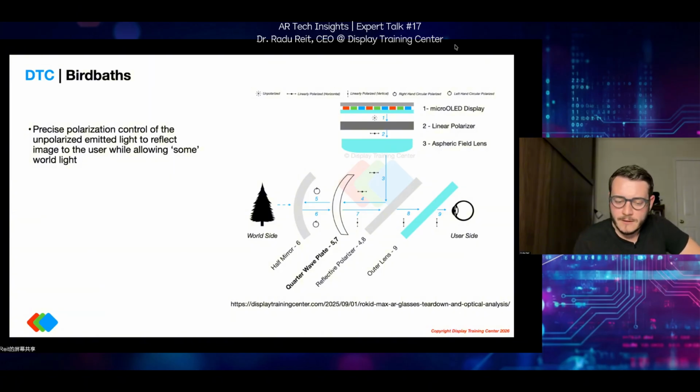You can take a look later on the blog at displaytrainingcenter.com. There are specific diagrams of how the polarized light interacts with each individual element in the birdbath optics. But essentially, you are bouncing this to increase the focal distance of the image, but also then project the image at 90 degrees relative to the original display panel.